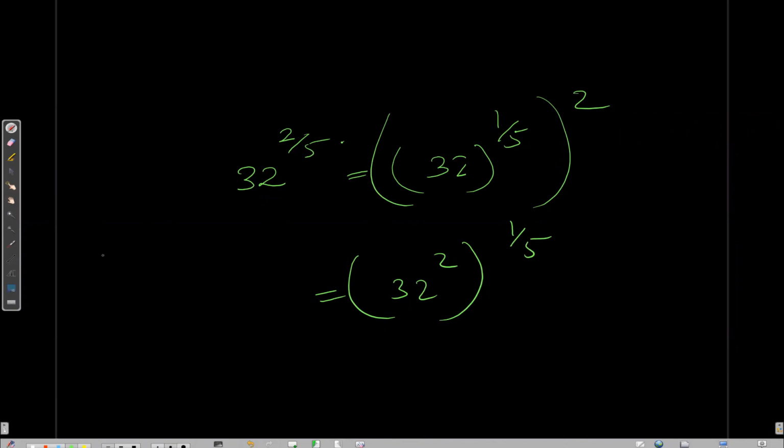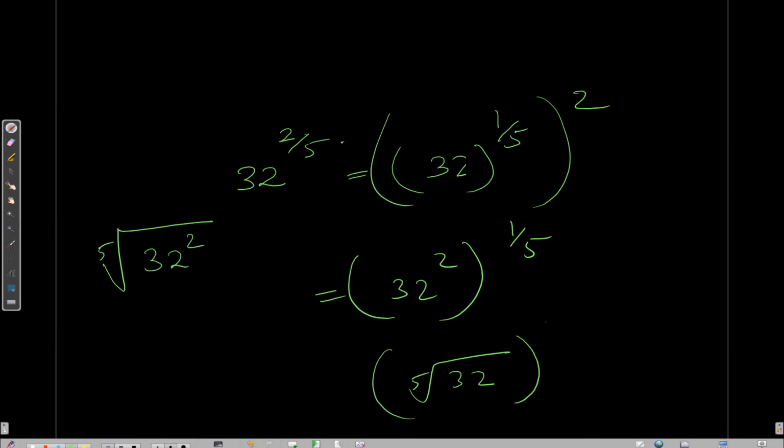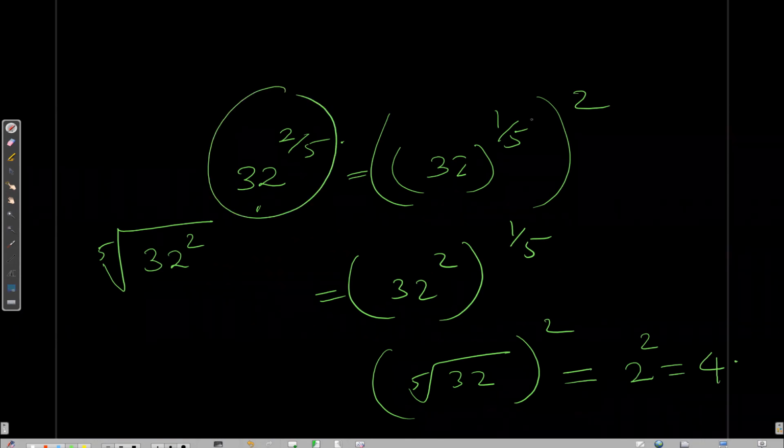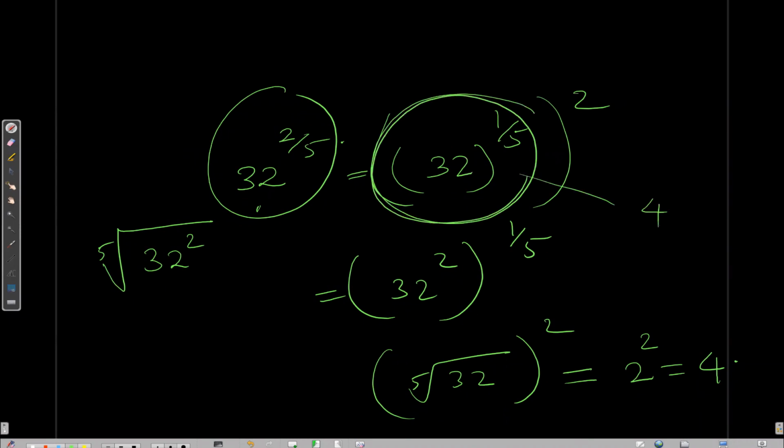One way is the 5th root of 32 squared. The other way is the 5th root of 32, then squared. I like this last one. So 32 to the 1/5 power is 2, and 2 raised to 2 is 4. It's the easiest way to simplify, writing it like this.